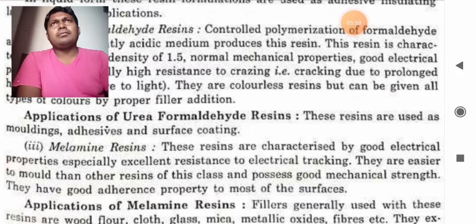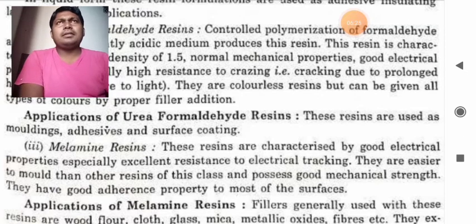They have good adherence to most substances, so they have the ability to join with different elements. This makes them a very popular element amongst the insulating materials.